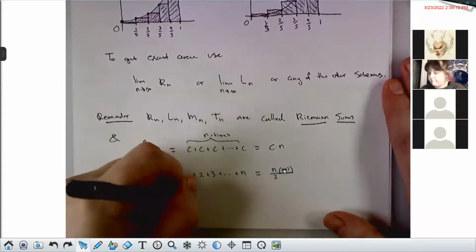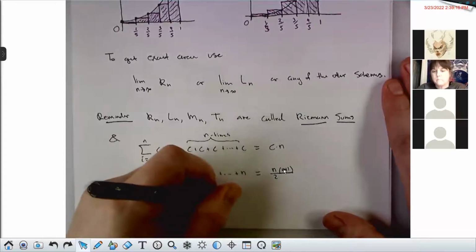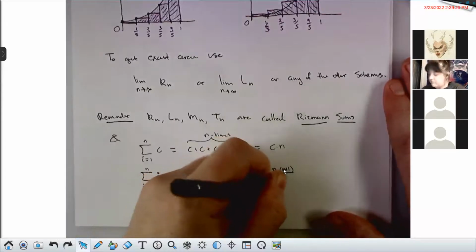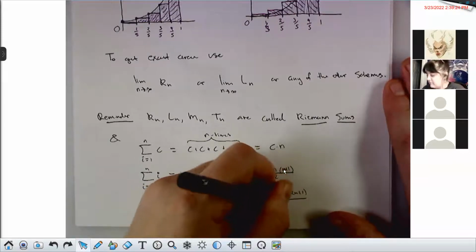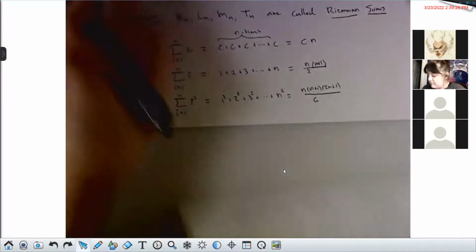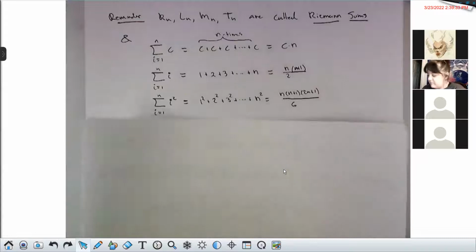If you add up the first n squares, 1 squared plus 2 squared plus 3 squared, all the way up to n squared, this gives you n times n plus 1 times 2n plus 1 all over 6. And there's one more of these. If you want to see them discussed at length, again, it's in the video from Monday. There's one more of these that we're going to need from time to time, and that's the sum of the first n cubes.